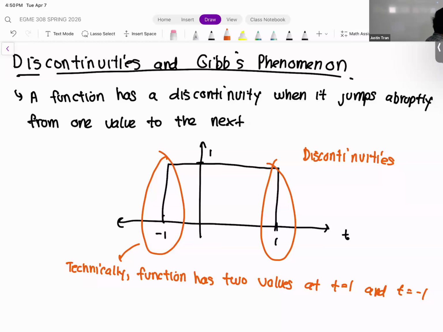Right? Because when you have a discontinuity, it jumps from one value to the next, and that jump has to occur at some point. And so wherever that jump occurs, your function technically has two values, which is illegal, actually.